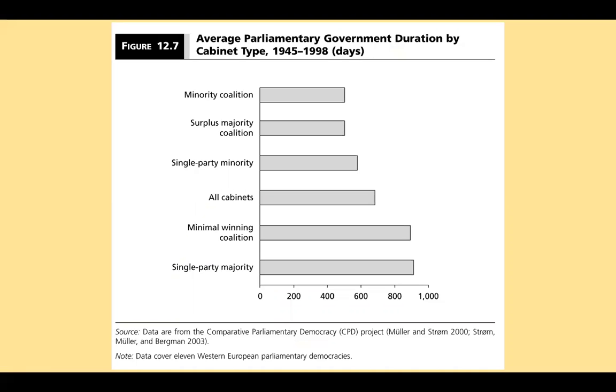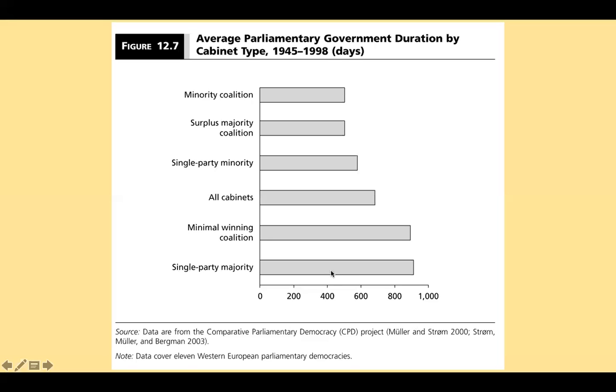If you have a single party majority, that single party majority is going to pick a prime minister from their party, and then they're going to pick a set of ministers from their party as well. So there will be a very high correspondence, if not a complete correspondence, between the composition of the government and the composition of the legislative majority.